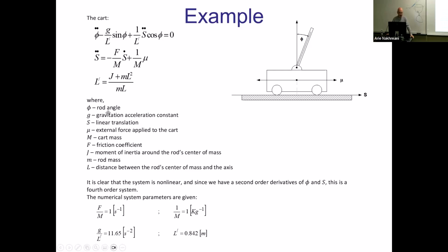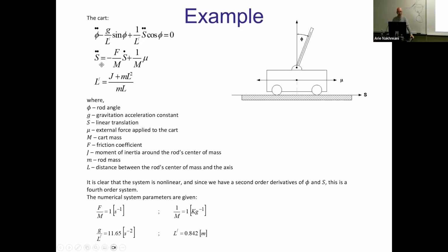Again, you have the rod angle, gravitation, and the linear translation which will be called S. So this is where the cart is. And we don't really care where it is. We can linearize around 0, for example, but you can linearize around any other S point because any of the S points will be an equilibrium point, technically speaking. And you have other parameters. So pay attention.